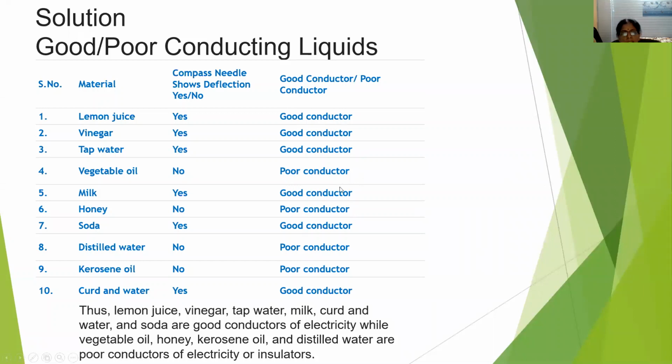On the other hand, vegetable oil, honey, distilled water, kerosene oil: in these cases, the magnetic needle does not show any deflection. So these are all poor conductors of electricity. By seeing the deflection of the magnetic needle, we can find out whether the given solution is a good or poor conductor of electricity.